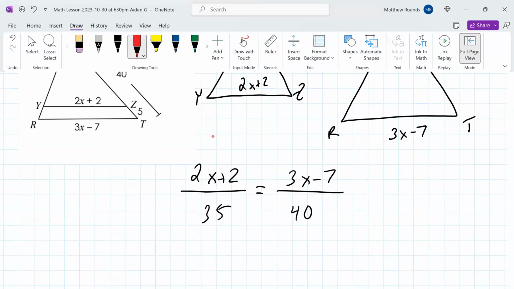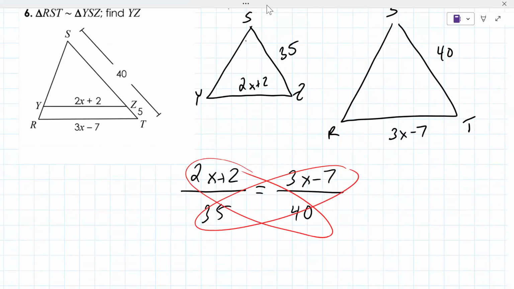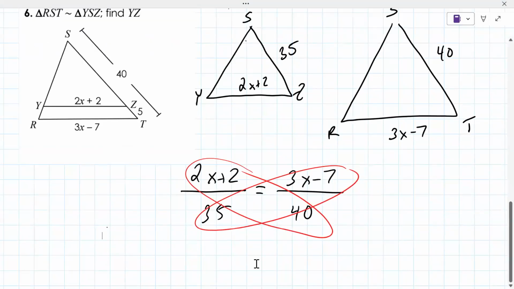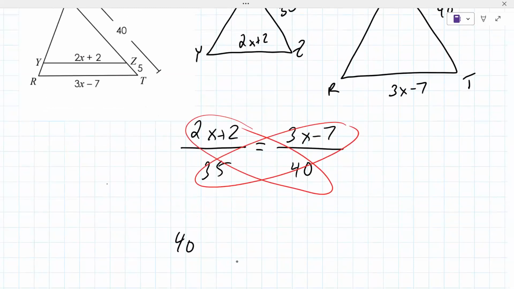Okay. So to solve this, we're going to diagonally multiply. And again, kind of big numbers, but that's okay. We'll deal with that. So we have 40 times 2x plus 2 equals 35 times 3x minus 7. Okay.